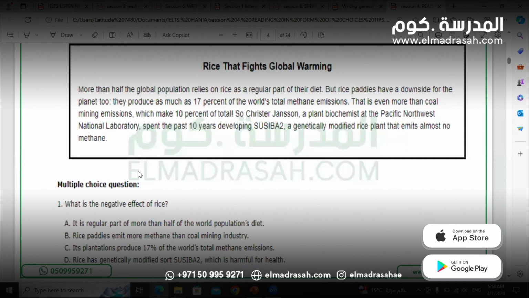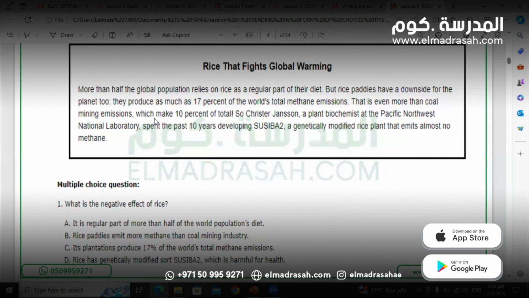I will search for these keywords in this paragraph, and I will search for their synonyms. Maybe I can't find the same words, so I will look for their synonyms. So this will be here, like downside. Downside means negative effects.